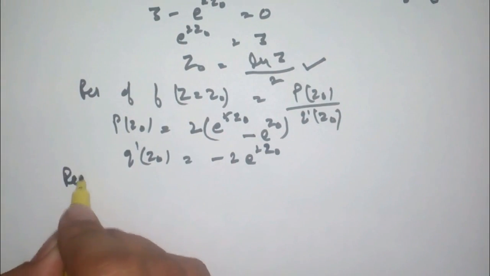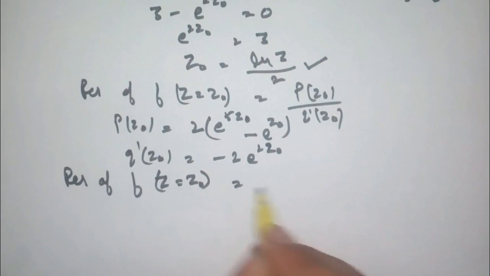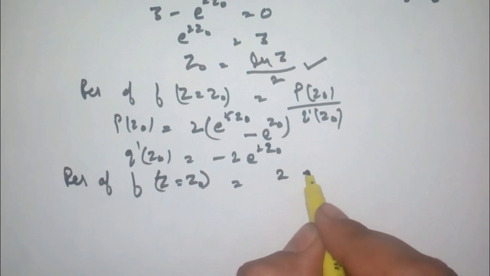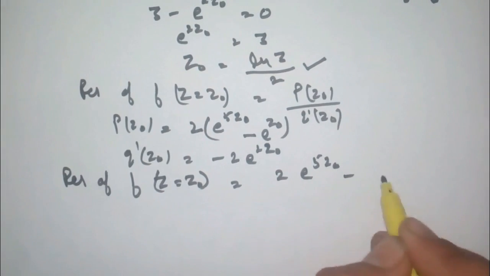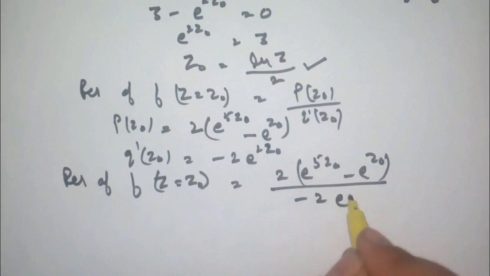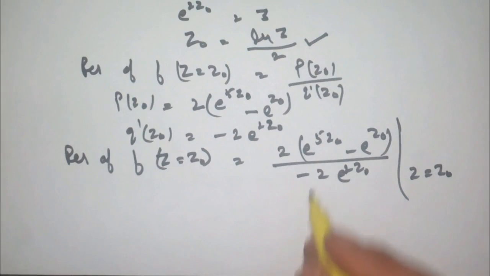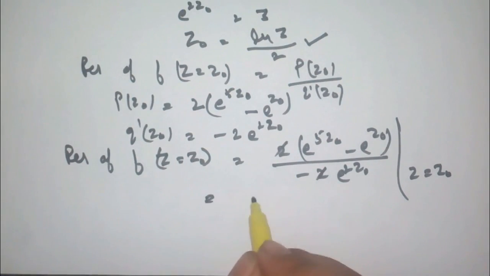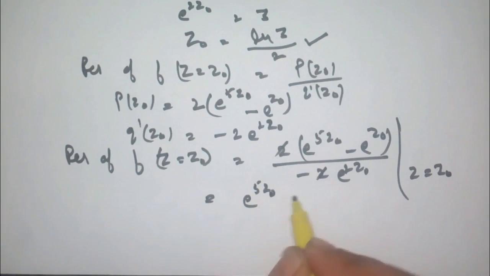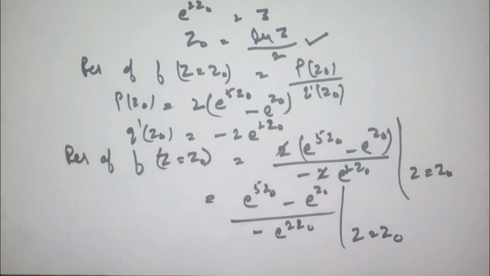Now residue of f at z equal to z naught can be written as 2 exponential 5z naught minus exponential z naught upon minus 2 exponential 2 z naught at z equal to z naught, and these two will cancel, and we will get exponential 5z naught minus exponential z naught upon minus exponential 2 z naught at z equal to z naught.